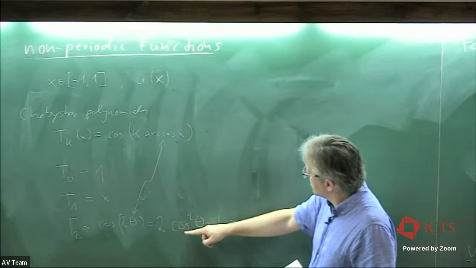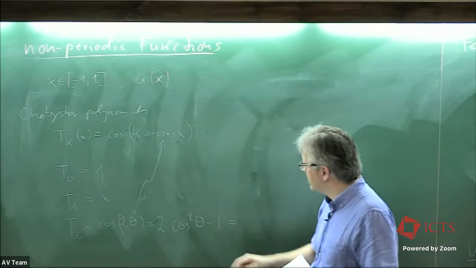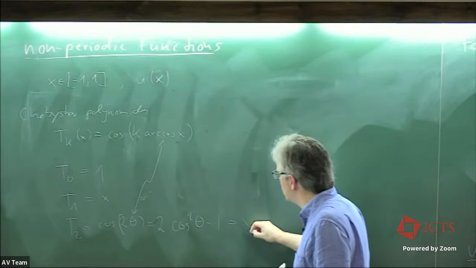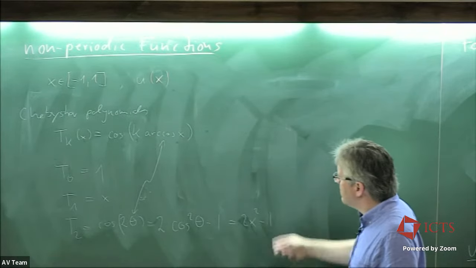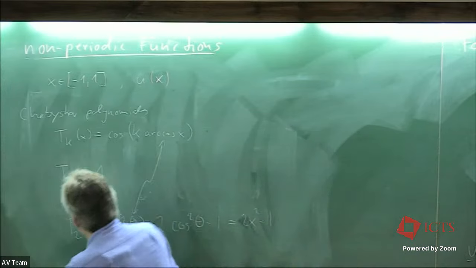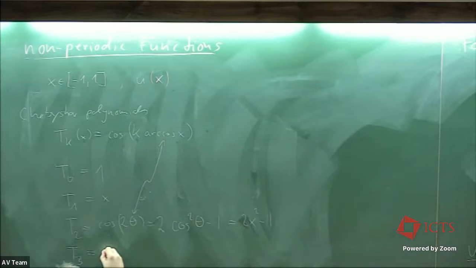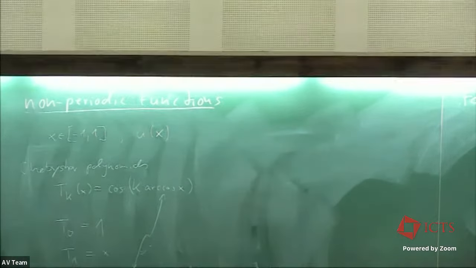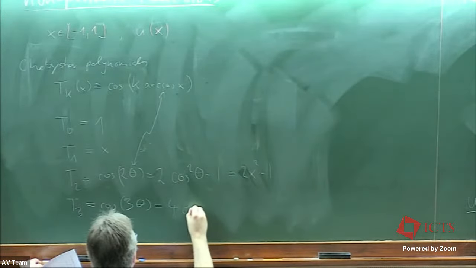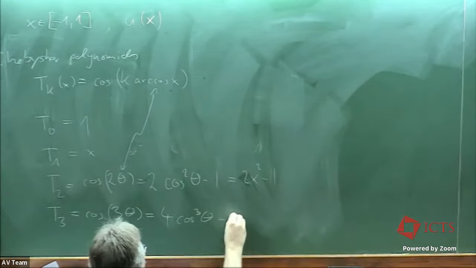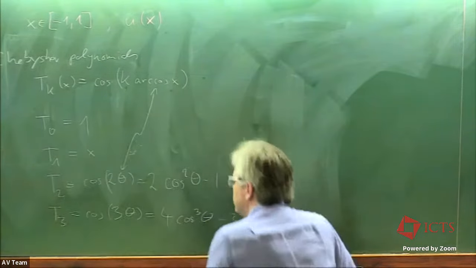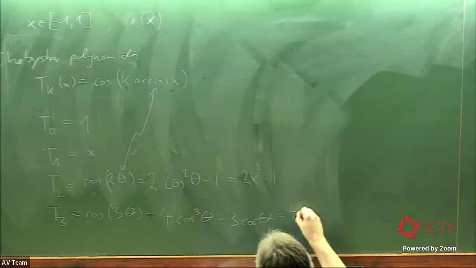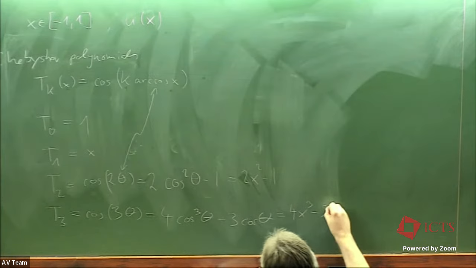But cosine of arc cos is precisely the x again, so this is 2x squared minus 1. We can play the same game again for T3 and so forth. So for T3, this is cosine of 3 theta. Now the trig identity is that this is 4 cosine cubed minus 3 cosine of theta. And so T3 is going to be 4x cubed minus 3x.